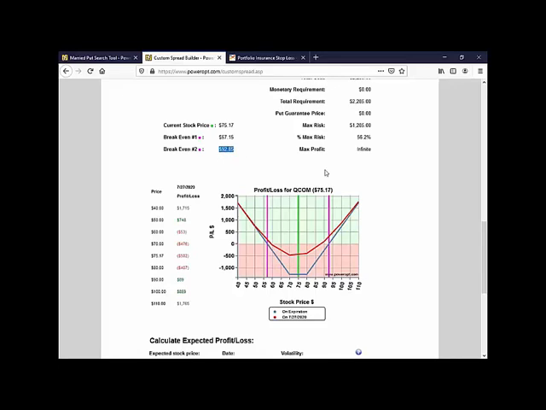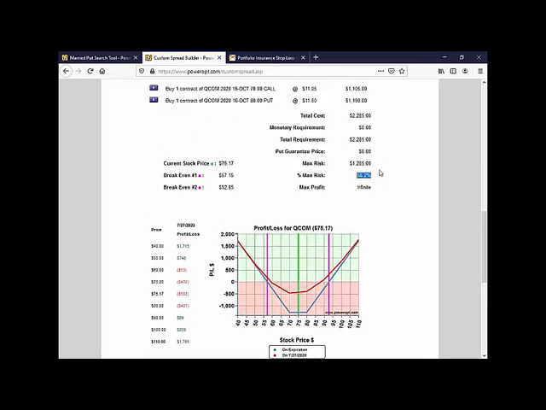Because of the extra time value cost on this position, the risk goes up. Almost doubles. Remember, we were at 697 or 8%. Now we're at 1285, which represents 56.2%. Now, I'm not investing 8,986. I'm only investing 2,285.